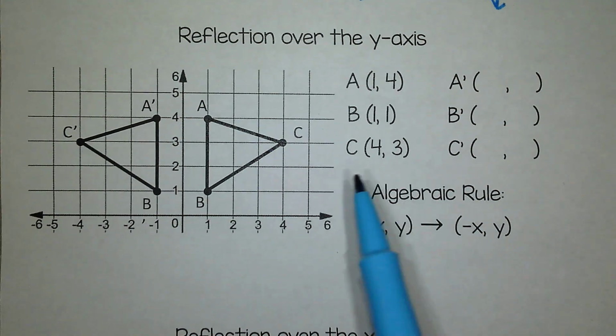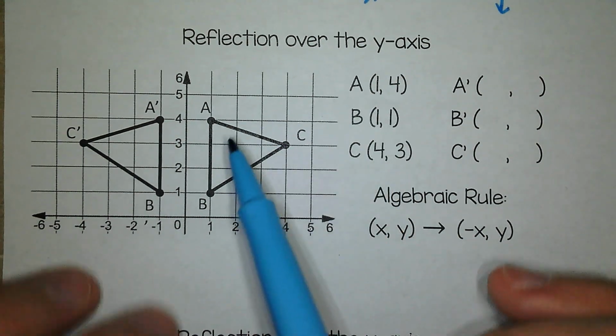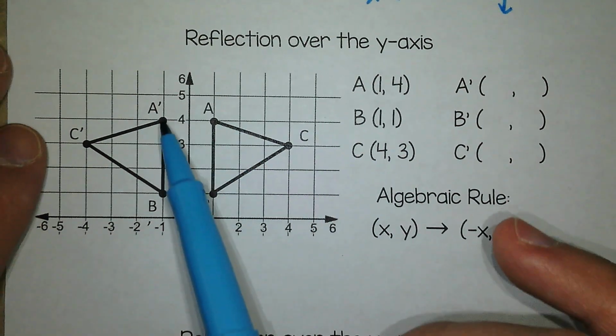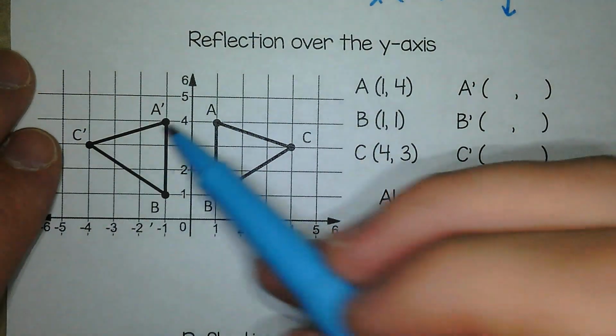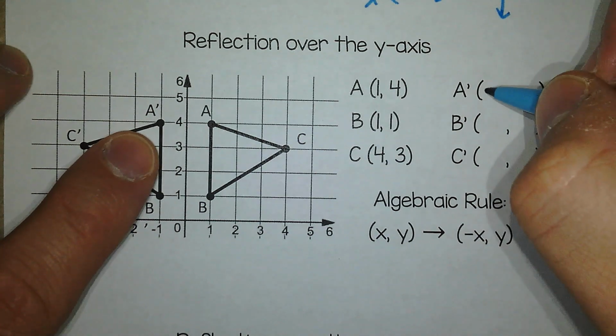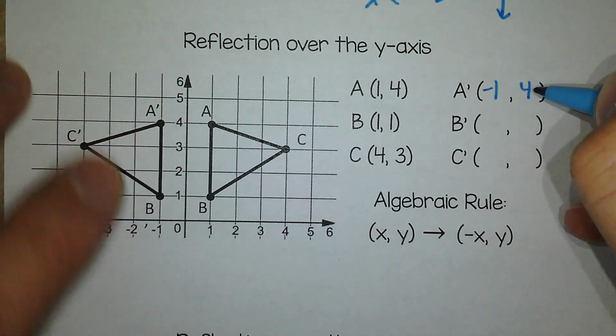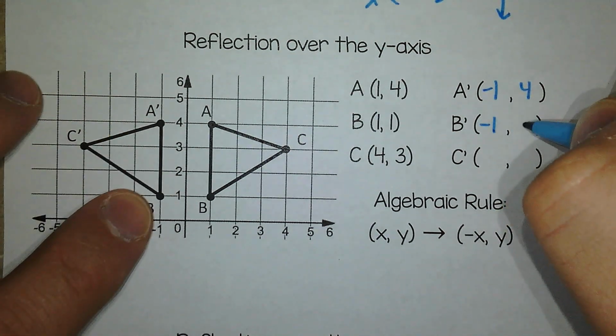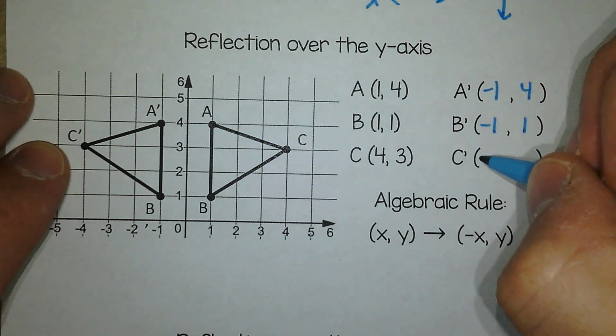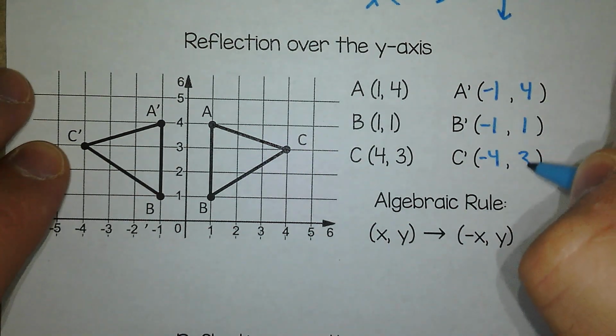So if I have a reflection over the y-axis and they give us the points A, B, C, well, let's plot A prime, B prime, and C prime. So A prime would be -1 and 4, B prime would be -1 and 1, and C prime would be -4 and 3.